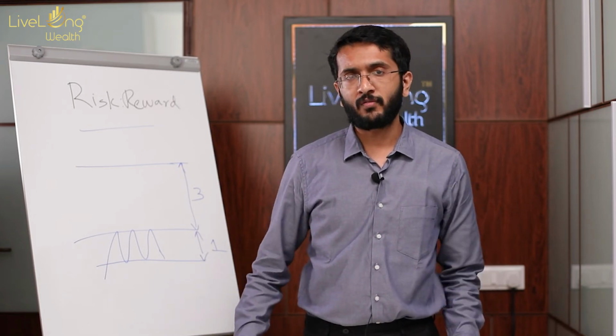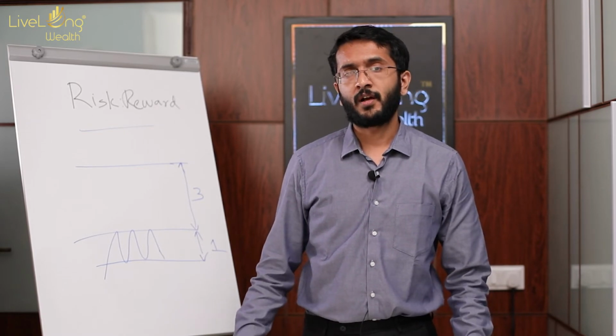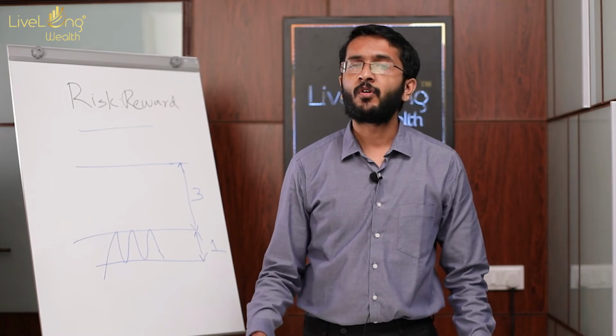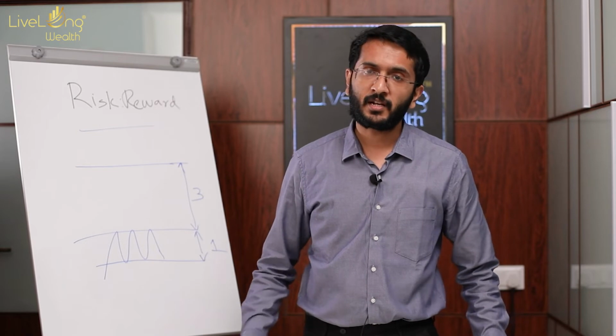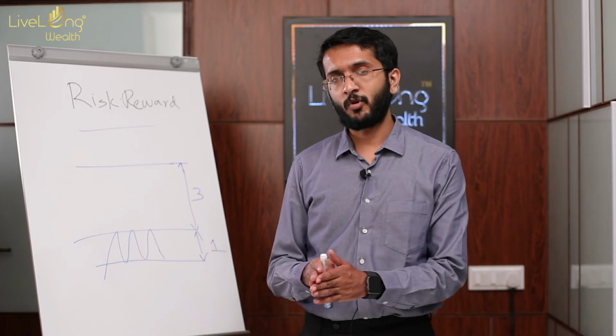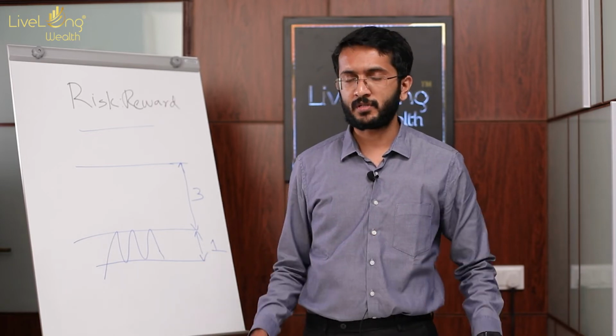However, I just wanted to convey, if you have a system with a 1:2 risk reward ratio that has a 50% accuracy, you can still be in the top 10% of the traders if you can stick with your emotions and stick with your trading system following 1:2 ratios and a probability of like 50%.